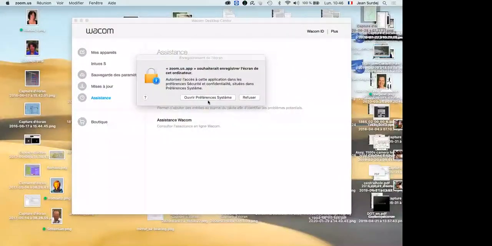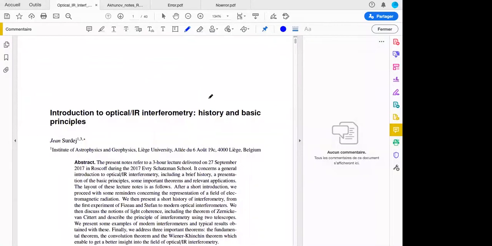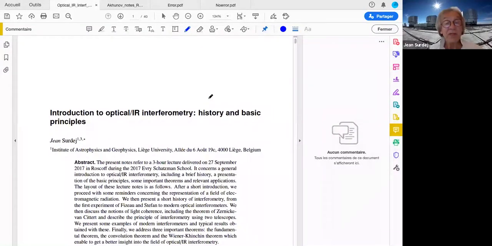I have probably to give special permission before I can do that. I think you might have to restart share screen. Yeah, now we can see. But we don't hear you. Your audio is suddenly very low. Can you now see the screen with the PDF file? Yes, correct.